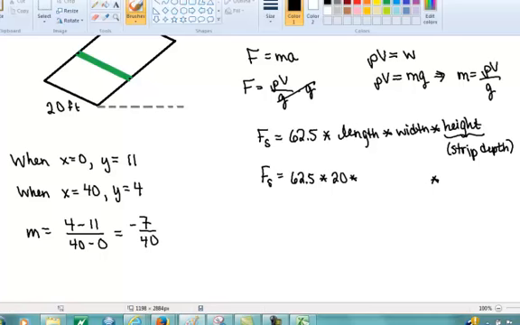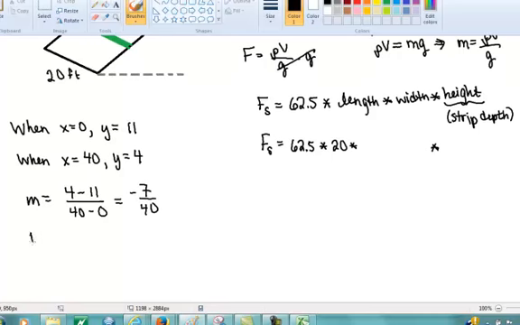So the y-intercept would just be 11. So y equals negative 7 over 40 x plus 11. So that's what I'm using for my strip depth. This will tell me at any point x what the depth of the strip will be.